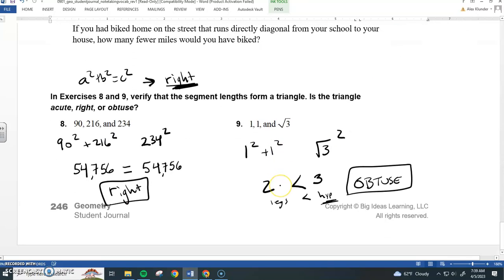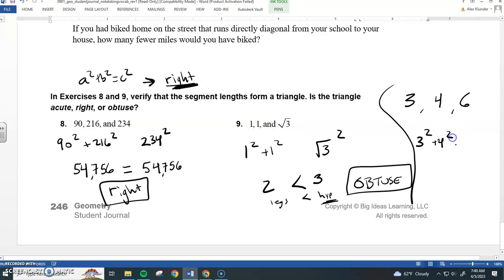Let me just give you one more example. Let's say we had a 3, 4, 6 triangle. Is this going to be right, acute, or obtuse? Try it. What you guys will do is you'll take 3 squared and 4 squared.